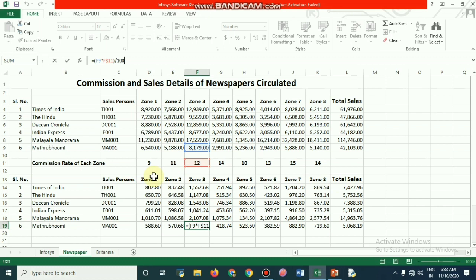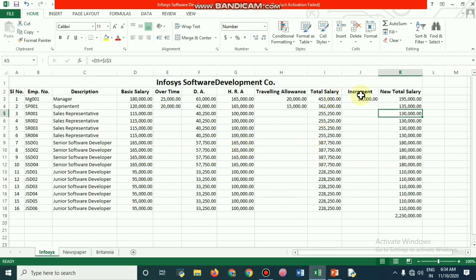This is known as mixed cell referencing as well as absolute cell referencing. Here in Infosys case, in this calculation $J$3 is kept constant, and that is known as absolute cell referencing.